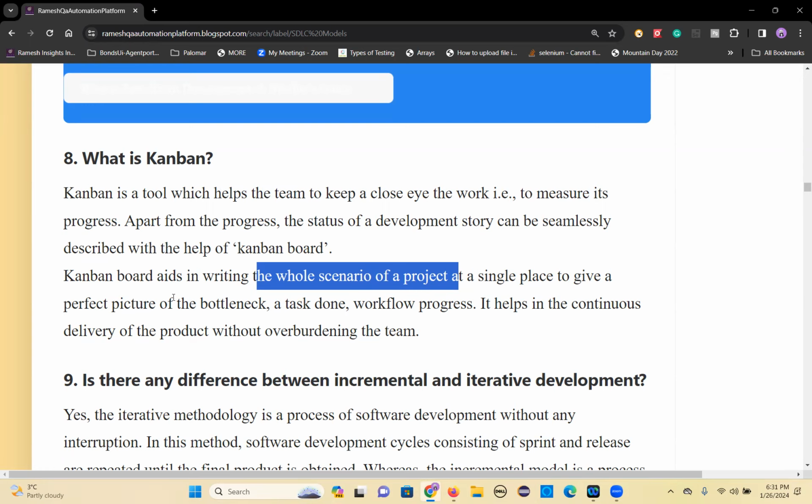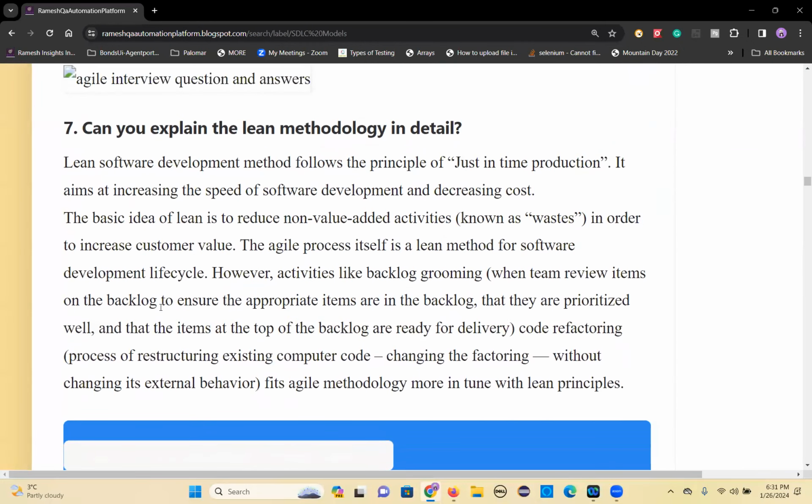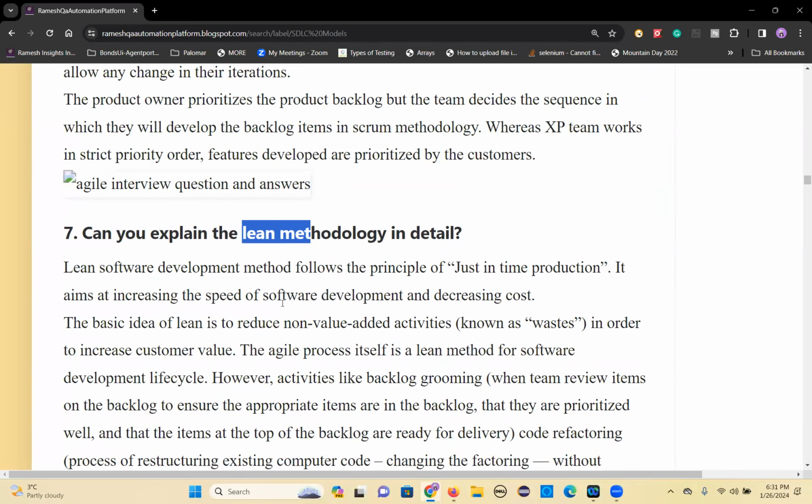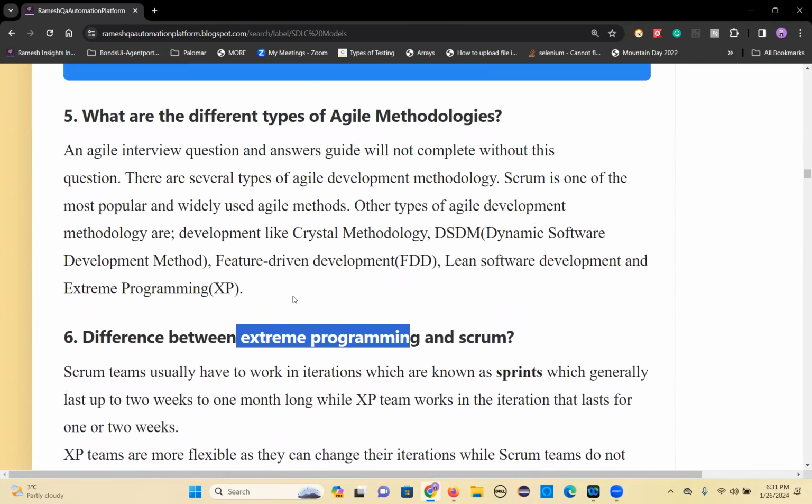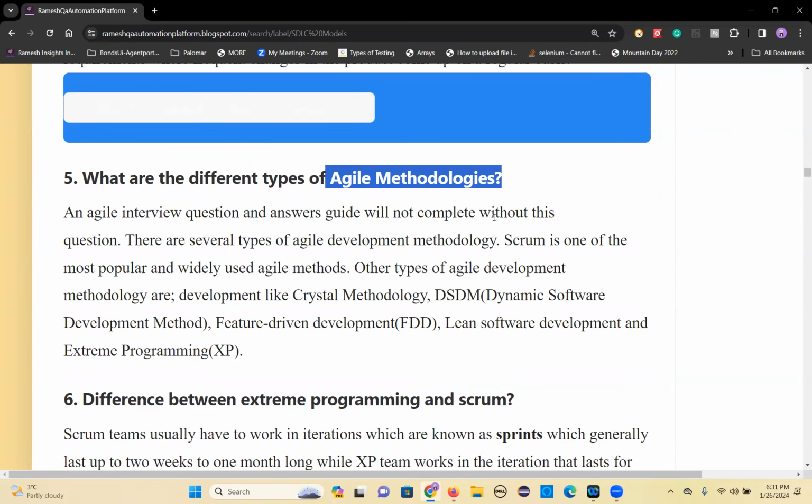So for each user story, that's what the Kanban board means. Okay, I want to tell you about lean methodology, Scrum methodology, pair programming, extreme programming. These are the different Agile methodologies. So what are the different Agile methodologies? For one, we learned the Scrum process, right?